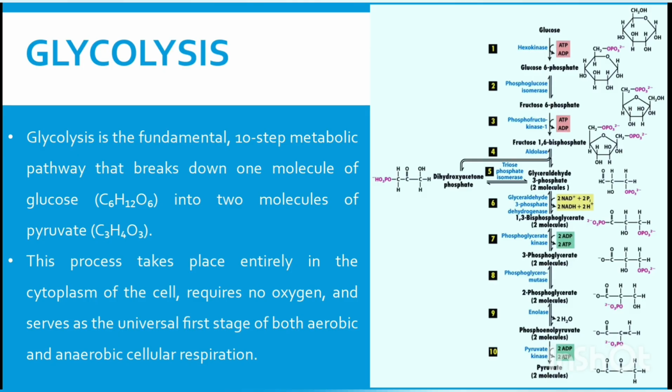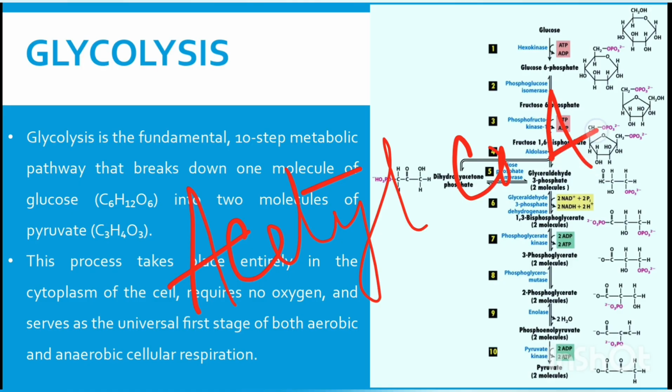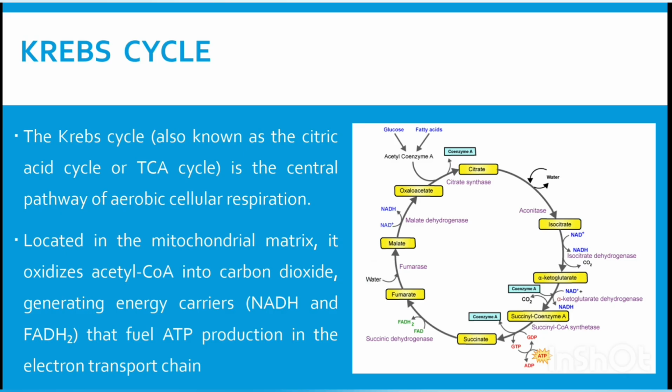Within the mitochondrial matrix, the oxidative decarboxylation of pyruvic acid takes place to form acetyl coenzyme A, which is a 2-carbon compound. Then this acetyl coenzyme A enters the Krebs cycle. So now the Krebs cycle.